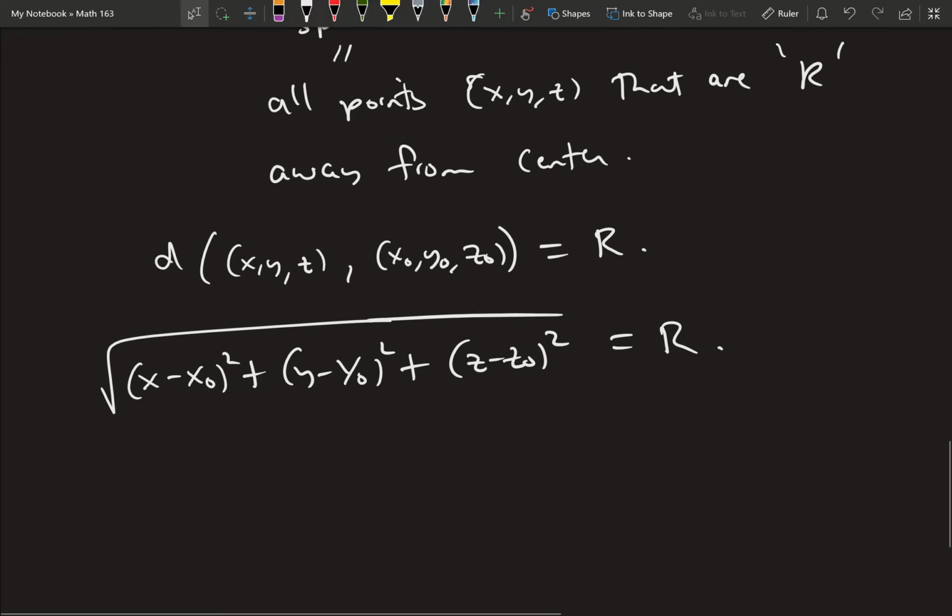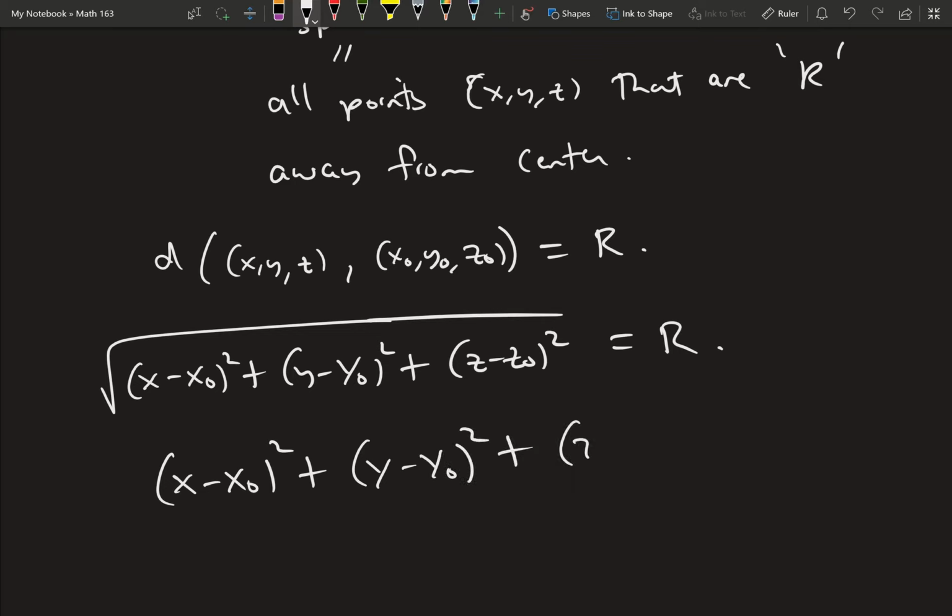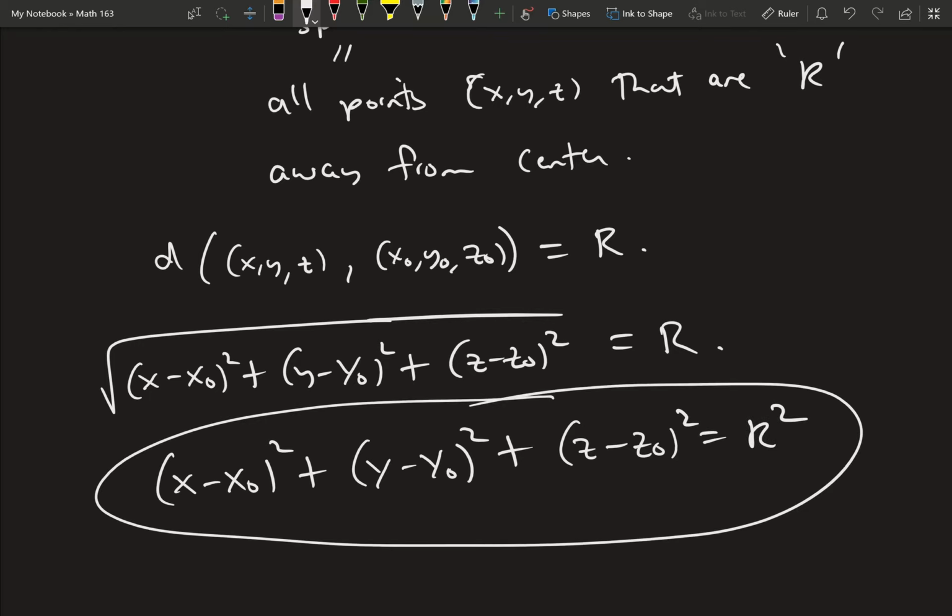And so we get this equation, which is just a generalization of the circle equation in R2. This is the general equation of a sphere with radius r and center x naught, y naught, z naught.